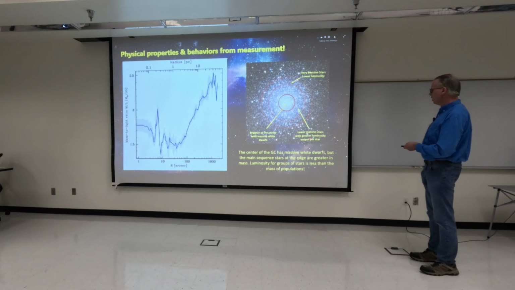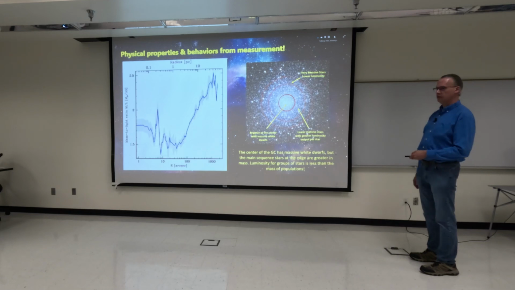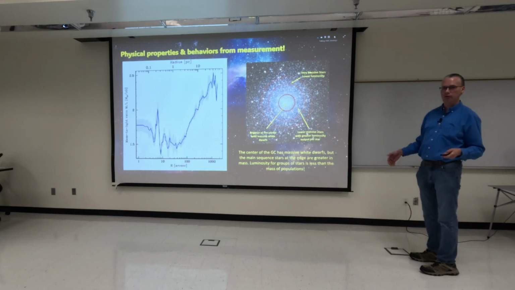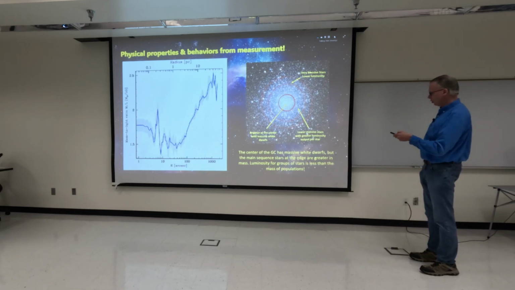There are a lot of them, whereas the main sequence stars are going to have a lot of light output, but because there are so few of them, it's not going to look very bright. We may have very massive stars out here that have a huge surface area and produce a lot of light, but because they're so dispersed outwards, they can produce greater light for each individual star, but the luminosity becomes less and less.